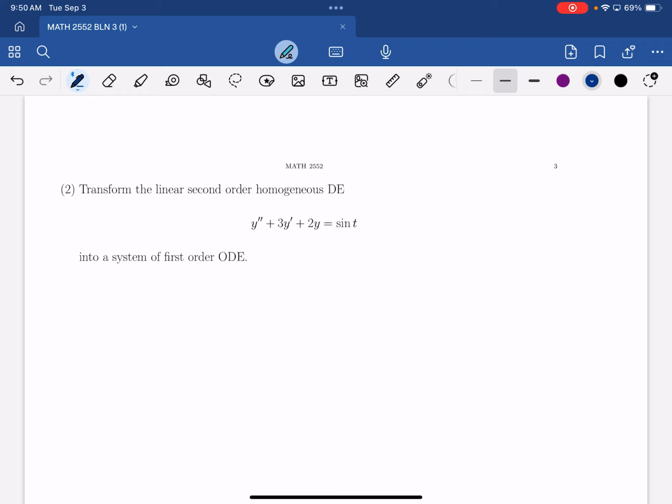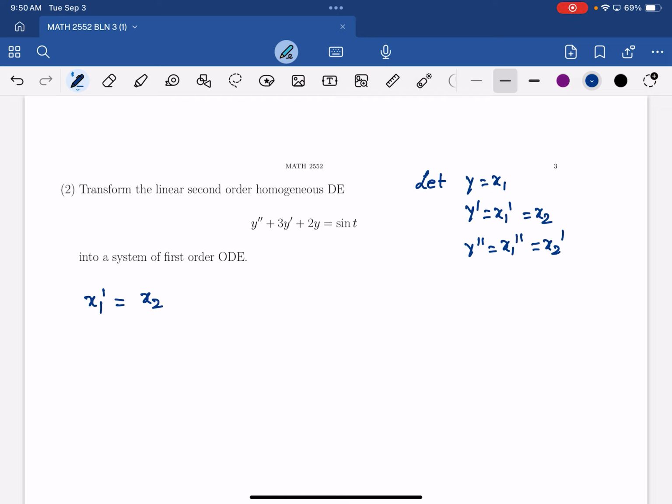You're going to do it the same way. You start with, let y equals x1. Y prime is x1 prime, which is x2. Y double prime is x1 double prime, which is x2 prime. So now the system of equations is x1 prime is x2.